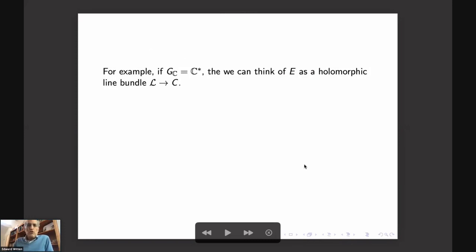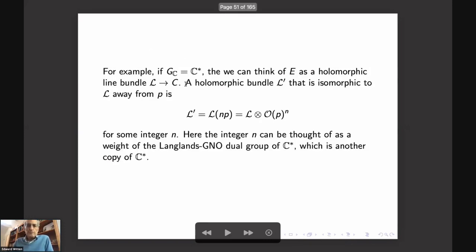Then we could think of E as a holomorphic line bundle L over C. A holomorphic line bundle L prime that's isomorphic to L away from P is obtained by twisting with what's called O(P) to some integer power, where O(P) is the line bundle whose sections are holomorphic functions, except that they're allowed to have a simple pole at P. So a section of L prime is the same as a section of L, except it's allowed to have a pole of order n at P, or maybe it's required to have a zero of order minus n if n is negative.